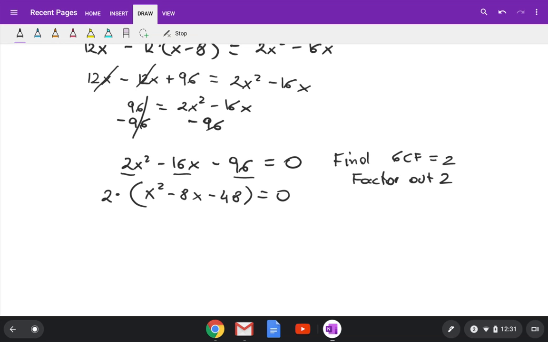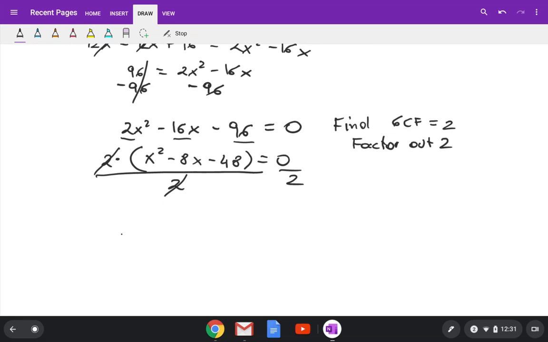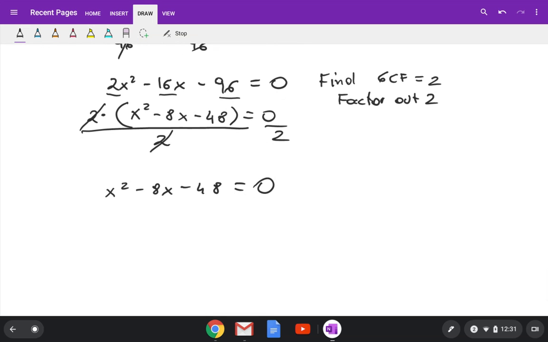To not worry about the 2, now divide both sides by 2. So I reduce this quadratic equation, and we end up with x squared minus 8x minus 48 equals 0. And now this is a quadratic equation, and you guys know how to solve it.